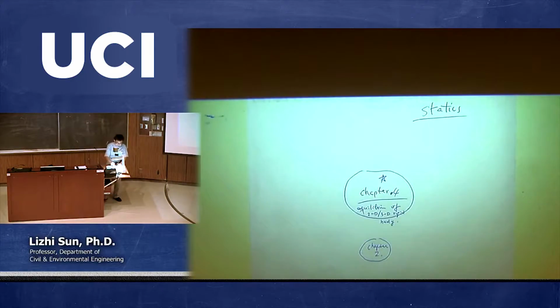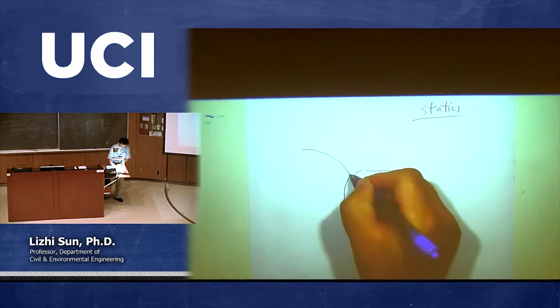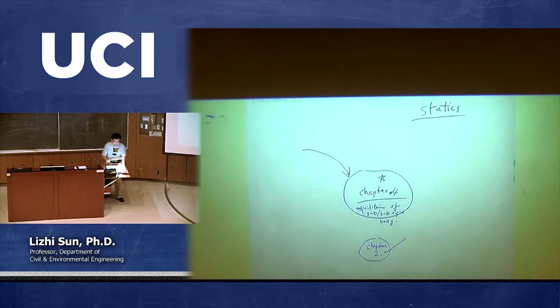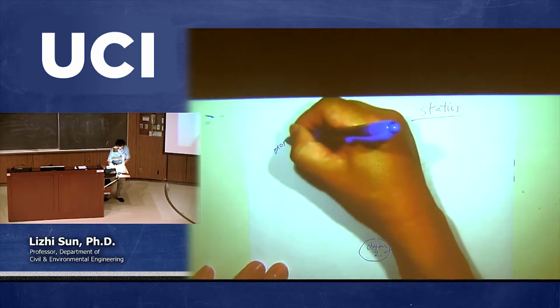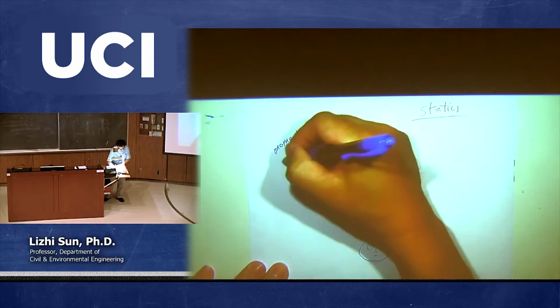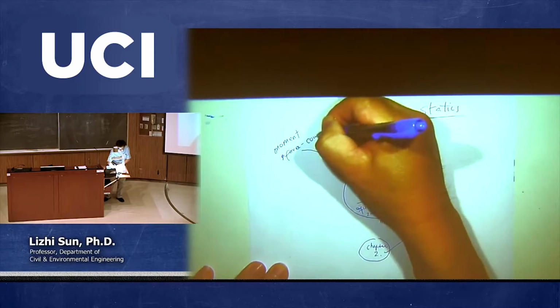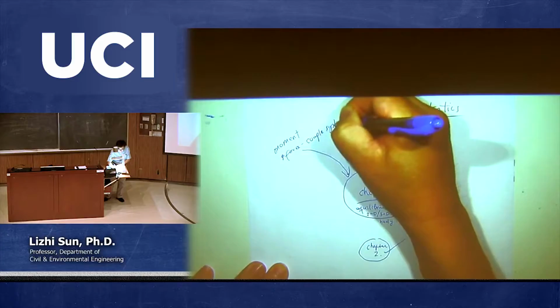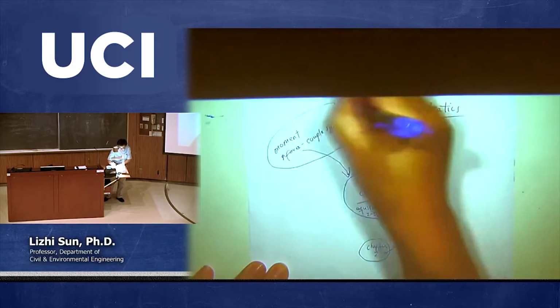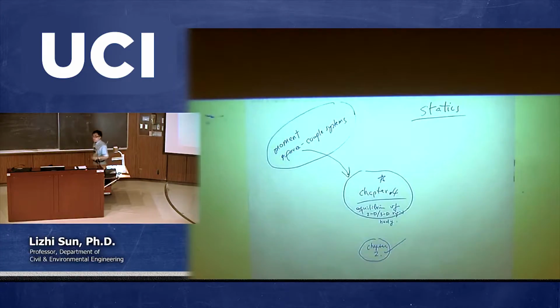Okay, so for example, this is chapter 2, we did it. What is chapter 3? Chapter 3 is a preparation for chapter 4, which is called the moment and force couple systems. So this part, chapter 3, does not talk about equilibrium conditions at all.